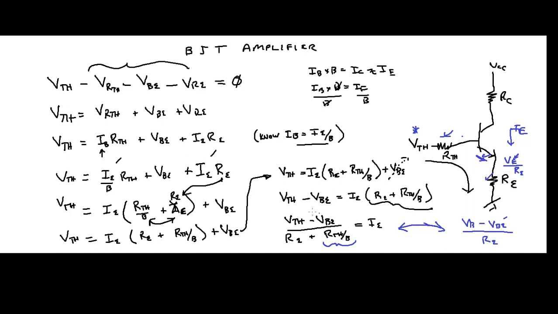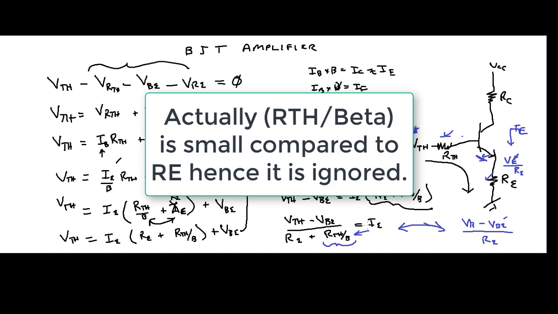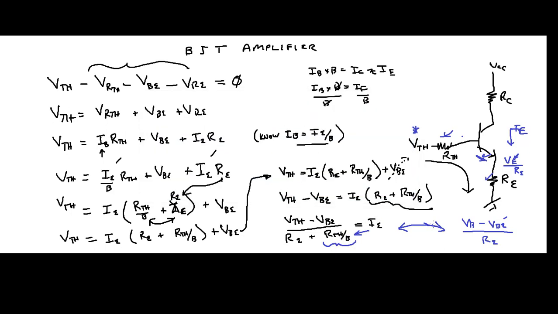So in this method, you have RTH over beta. But since beta is usually a large number, this is a very small number, so we assume it to be 0. And that's how we come up using this.